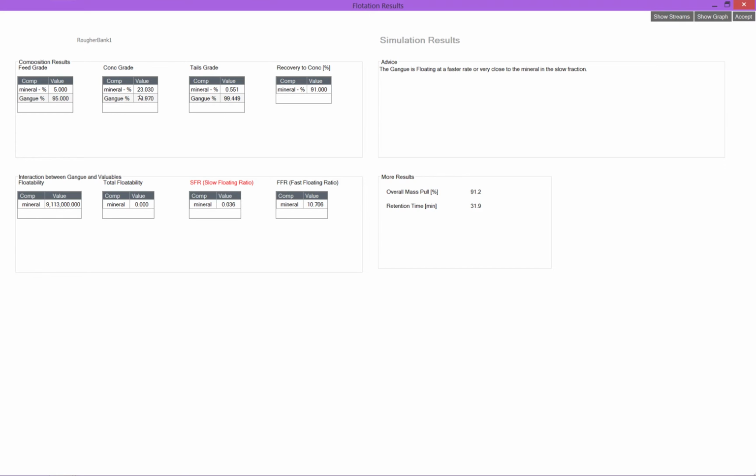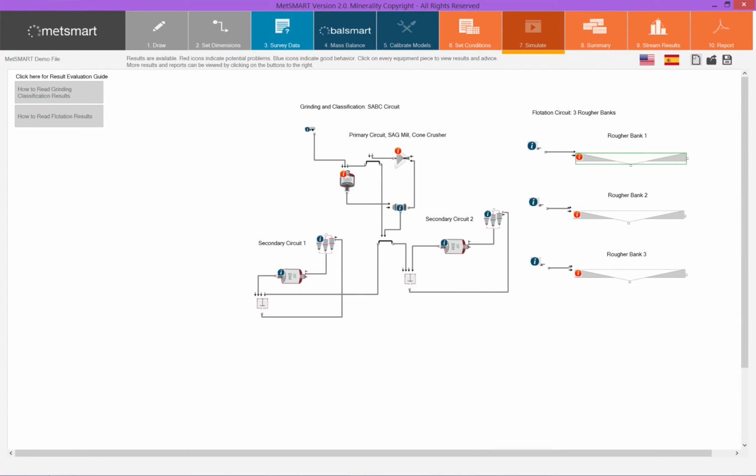Now the new grade is 23%. So from this simulation, I can see that if I have a drop in throughput, I will have a 2% difference in the grade in the concentrate.